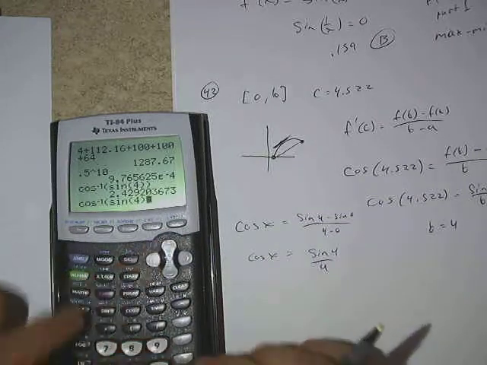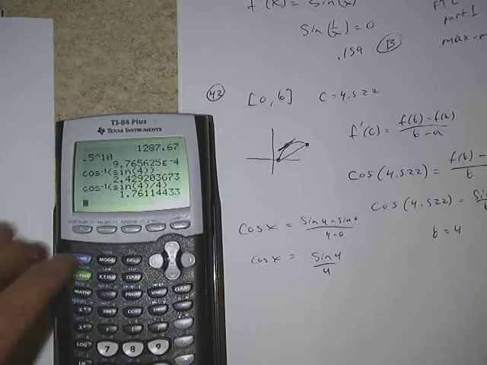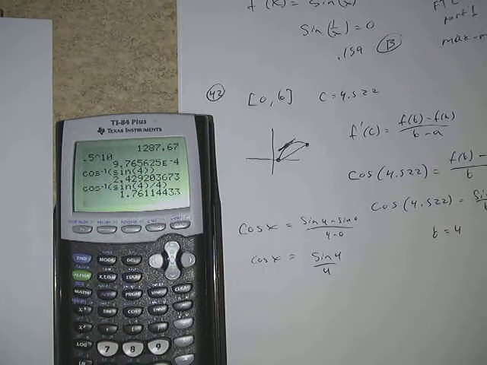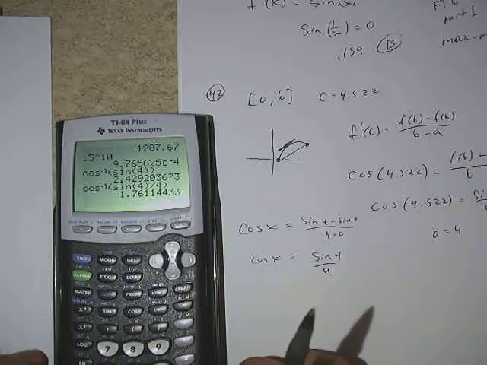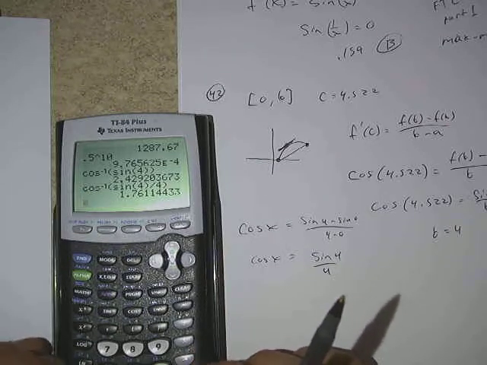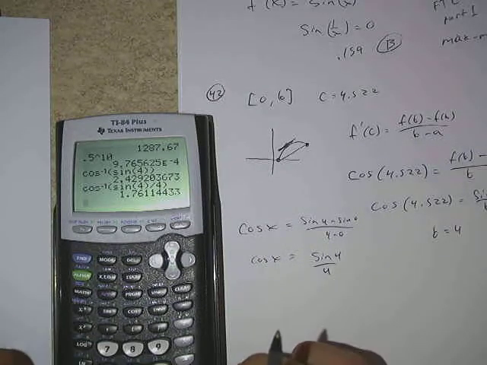And if we solve this, if we do the inverse cosine of sine of 4 over 4, let's just check. Oh, divided by 4, sorry. Forgot the divided by 4 part. That's still not right. That better be right. That would have been the wrong answer in the first place if it wasn't, right?